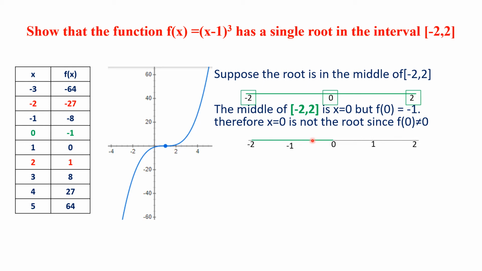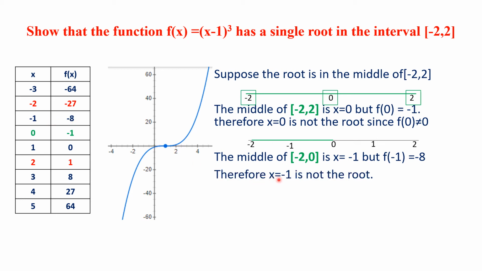The middle of the left-hand side is between -2 and 0, and that's at x equals -1. But f of -1 equals -8. So we can also conclude that x equals -1 is not the root.